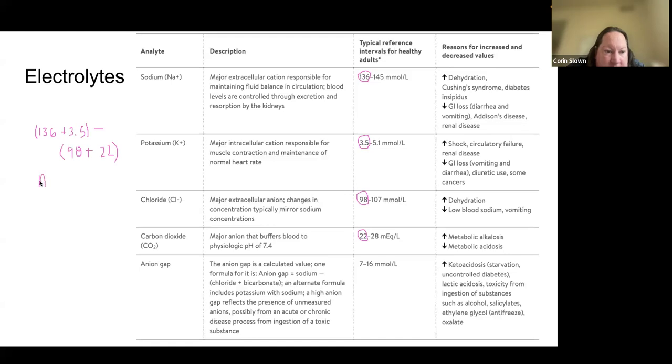So my anion gap is equal to 136 plus 3.5 minus 98 plus 22. So 19.5.